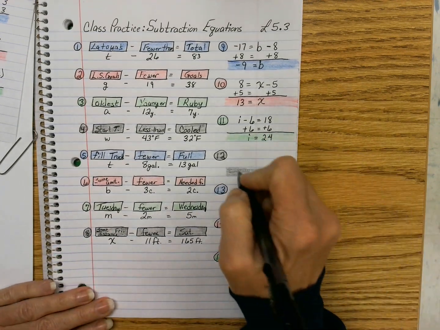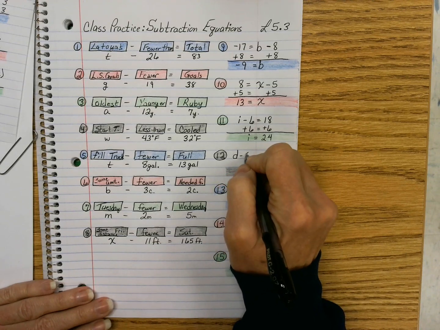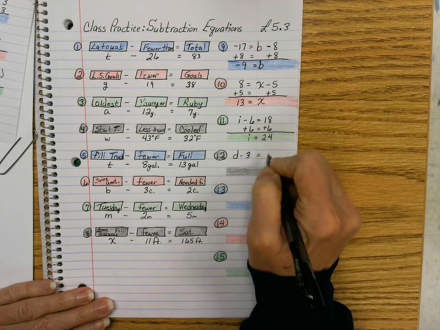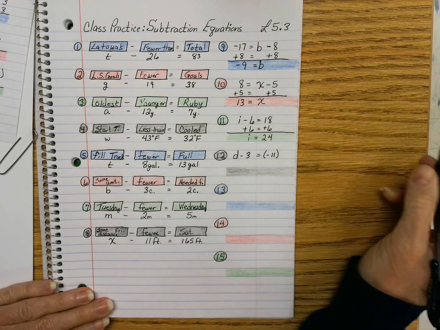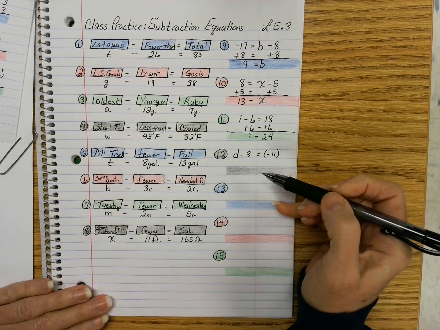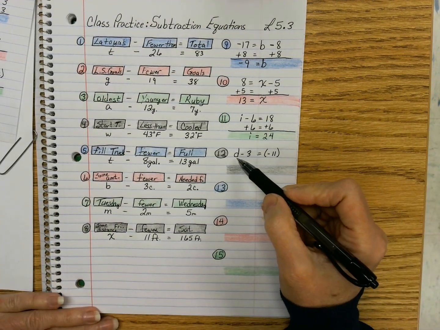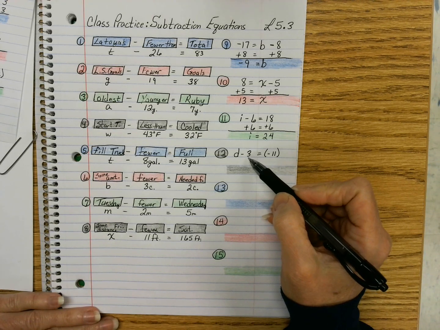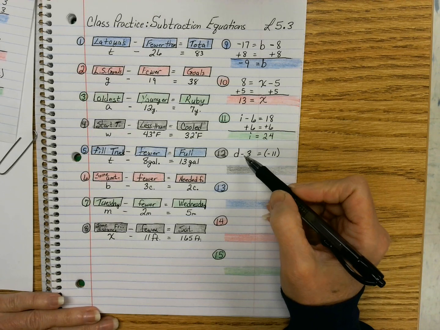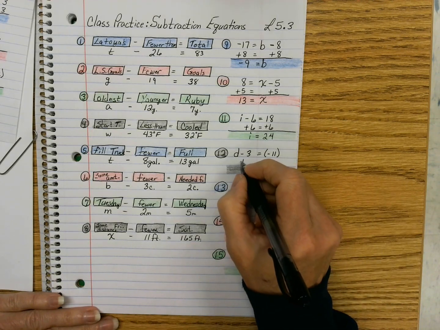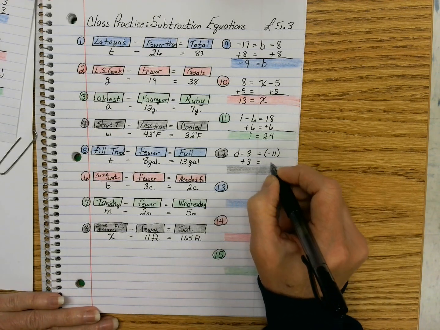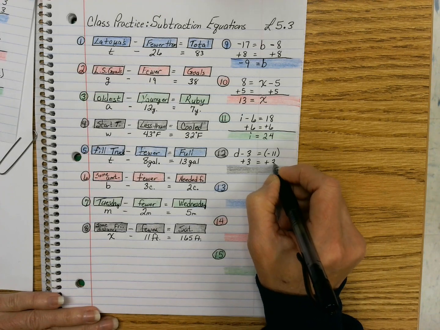Number 12. D minus 3 equals negative 11. Locate which side your variable's on. It's on the left, but so is a negative 3. The negative 3 has to go away. Apply the inverse operation of a negative, which is positive, to both sides of your equation.